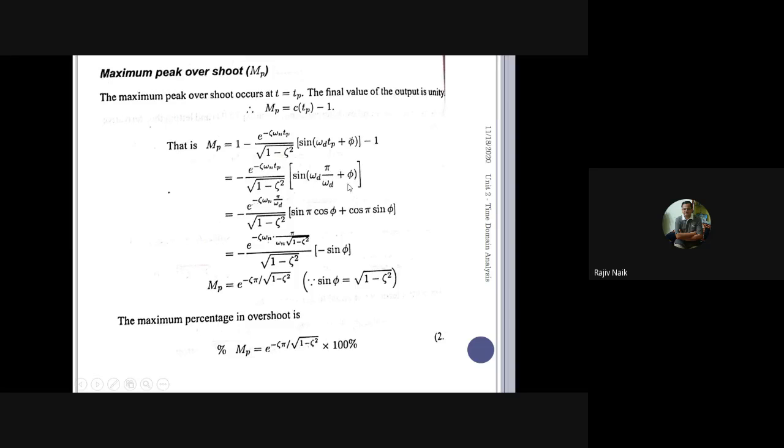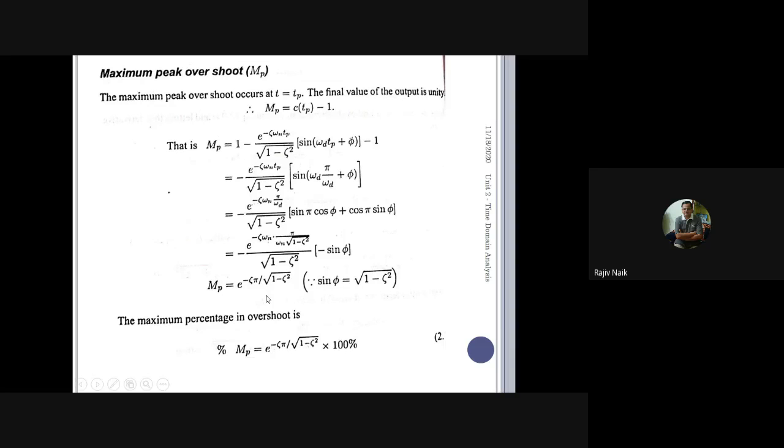So I expand that: sine pi into cos phi plus cos pi into sine phi. I go on putting the value of phi, and sine pi is 0 only. So sine pi is 0 and cos pi is 1. Only this term will come, and this term will automatically become 0. So I substitute the value of phi back into the equation.